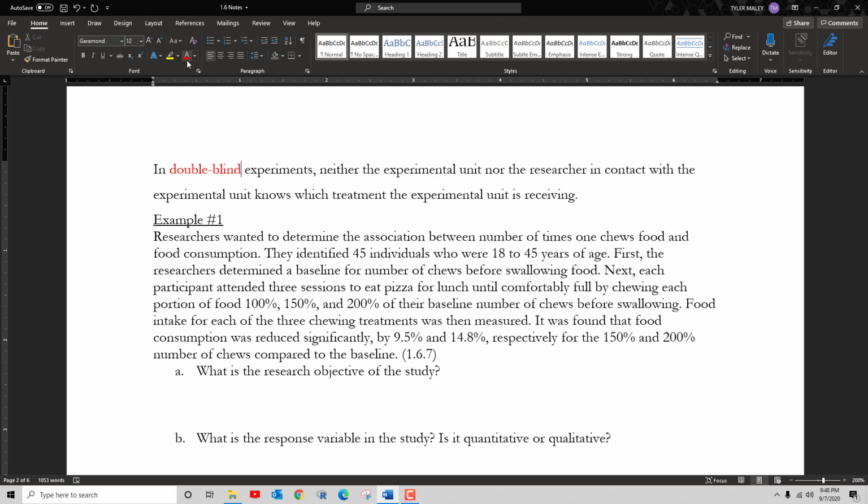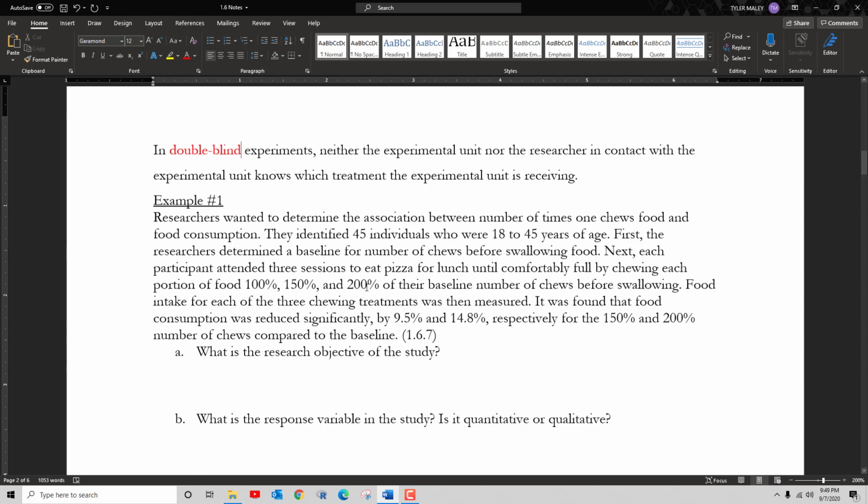Then maybe you put names on cups, and someone puts the placebo or the treatment in the cups. Someone obviously knows who's receiving the treatment, and then the person administering it is not going to know, and when they receive the cup, they're not going to know if they have the actual treatment or the placebo or not. So that would be a double-blind experiment.